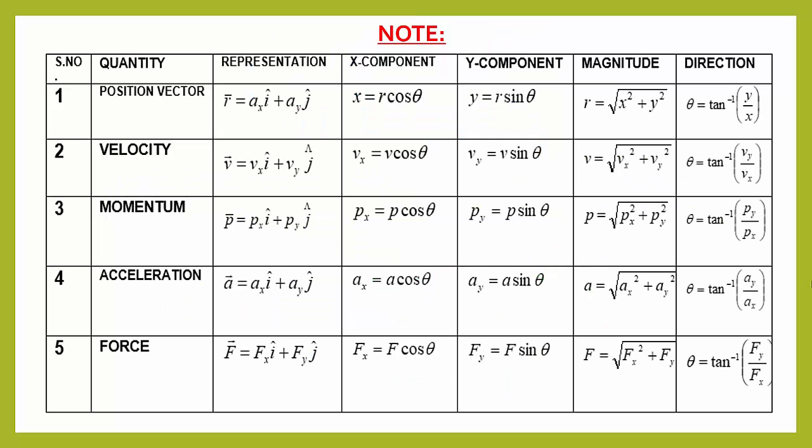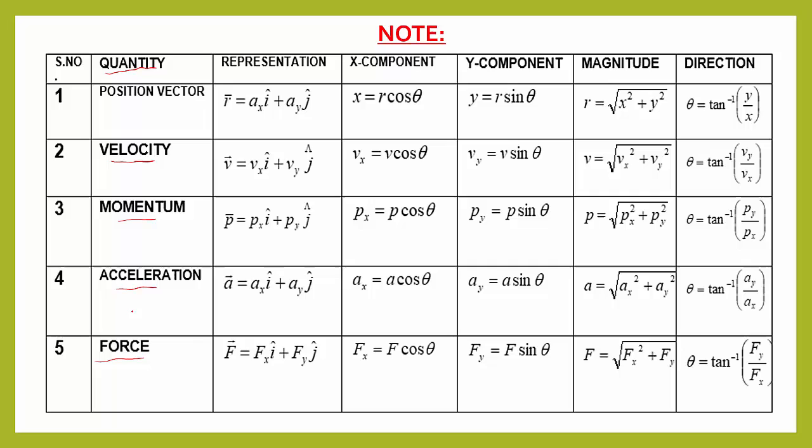Before going to study Lami's theorem and direction cosines of a vector, let us observe this tabular column, which is for different physical quantities. How to express them in terms of x component and y component, and how to write their magnitude and direction, you can observe in this tabular column. The first column is related to physical quantities, for example position vector, velocity, momentum, acceleration, force.